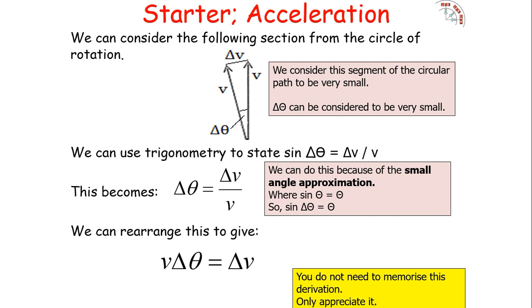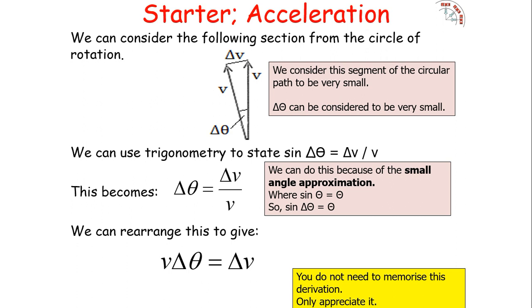Now, we can use trigonometry to state that sine is equal to opposite over hypotenuse. If we look at this particular right-angled triangle, the opposite is delta v and the hypotenuse is v, so therefore sine delta theta equals delta v over v. Because this is a very small angle, we can use something called the small angle approximation, which you may have come across if you do A-level mathematics.